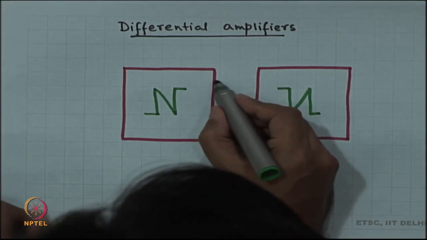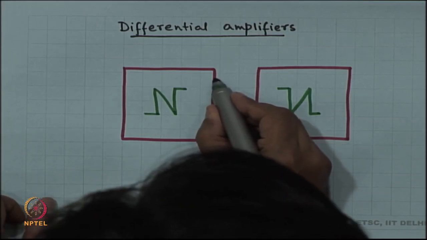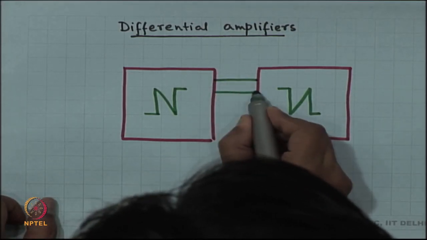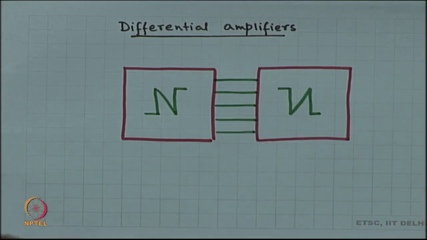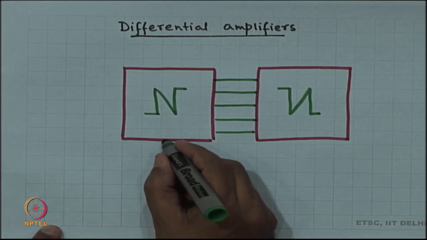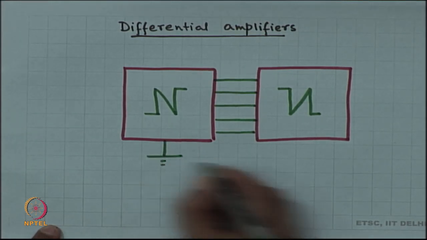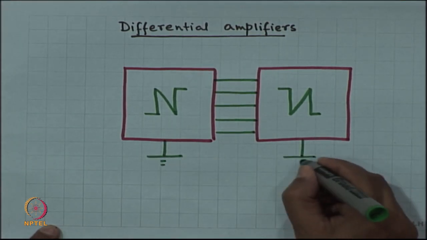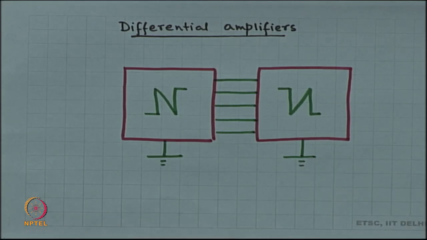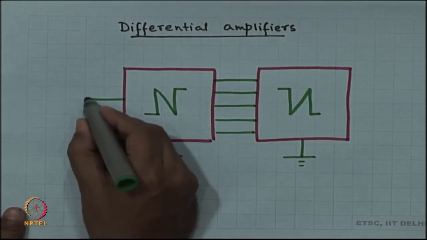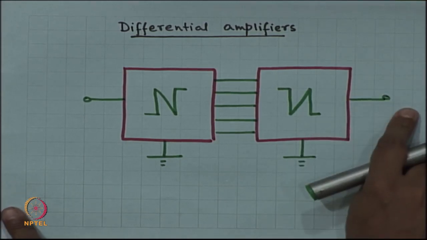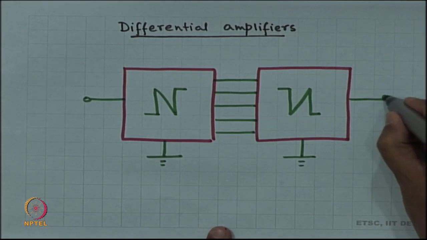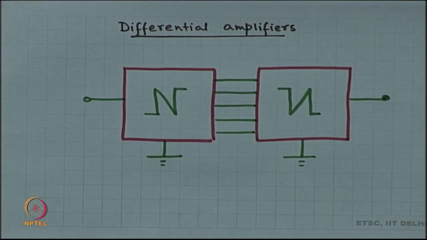And then there are wires coming out of each of these boxes, which I connect in between. Okay. And there is a ground wire coming out, reference, and there is an input wire for N, and likewise since it is a mirror image, there is another input wire for the mirror image of N. So, this is my setup.